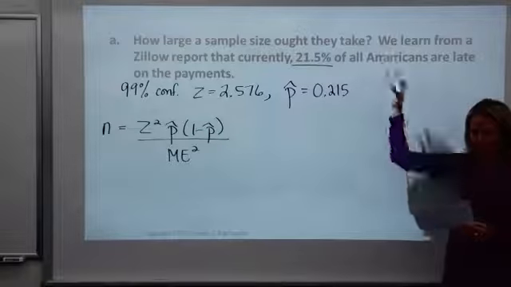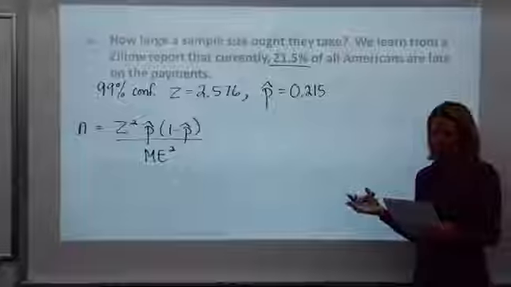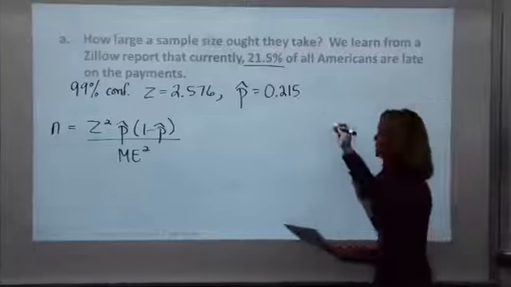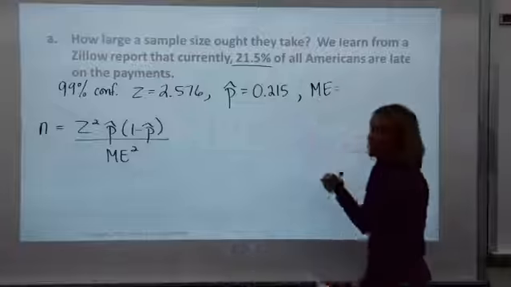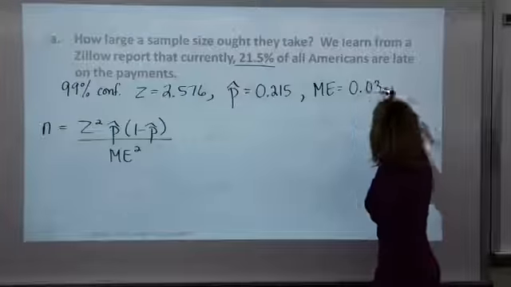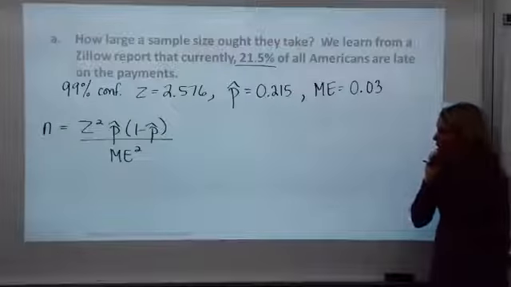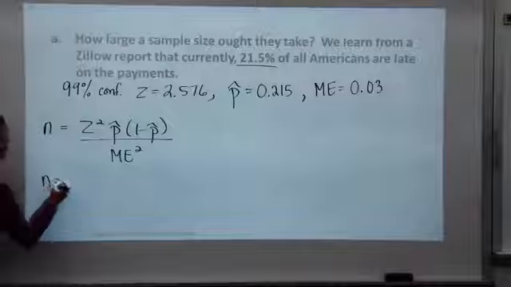And above this, it had said that Cecil County officials would like our estimate to be within 3 percentage points. So there they give you the margin of error to within 3 percentage points, 3% as a decimal, 0.03. And now we're going to plug these values in and determine our sample size.